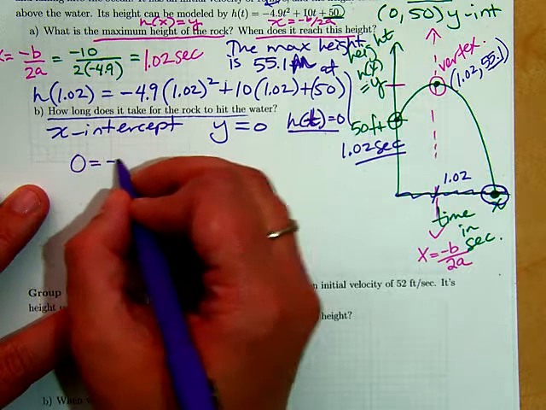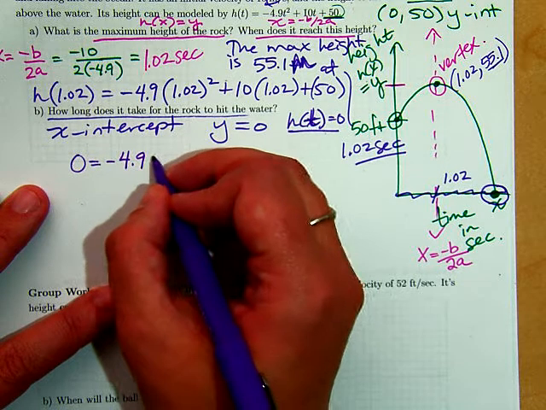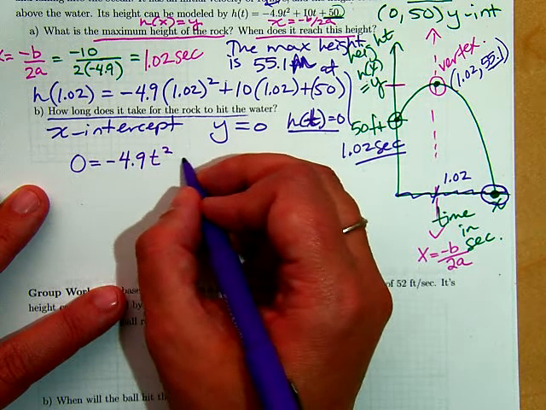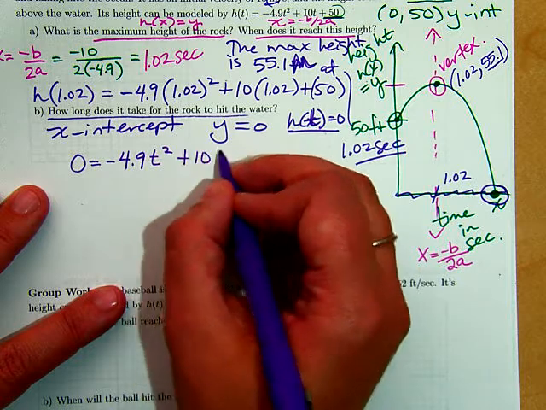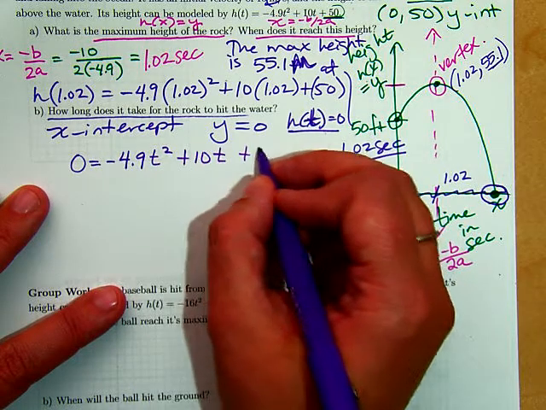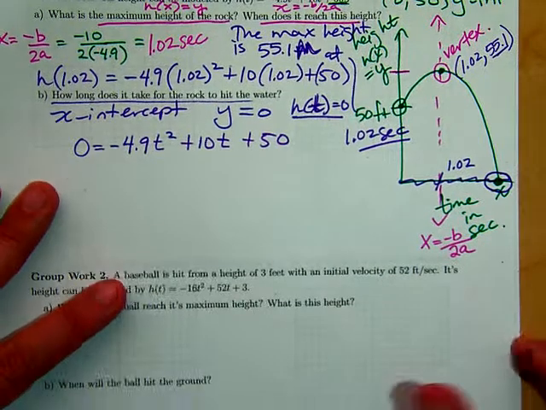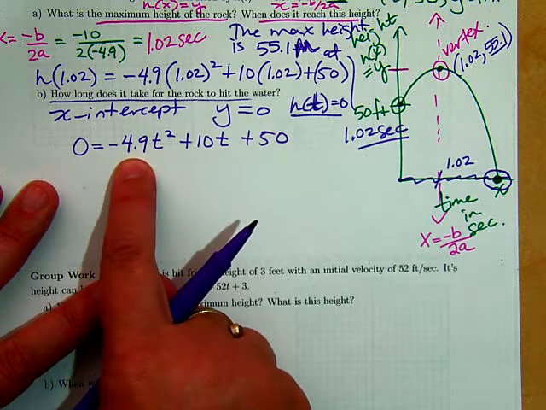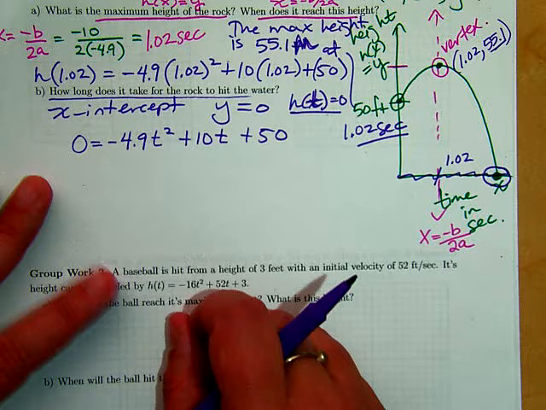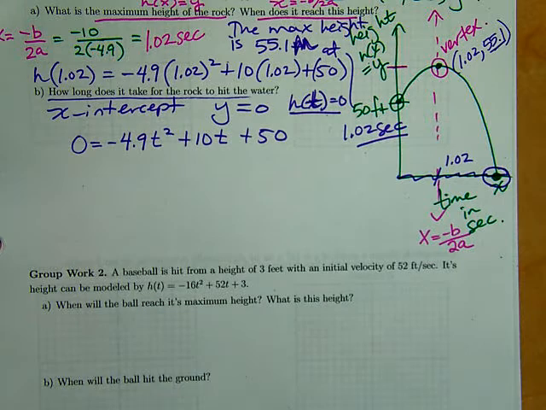0 equals negative 4.9 t squared plus 10t plus 50. And I wouldn't really want to factor with a negative 4.9, would you? No. So what would you probably want to use to solve for t? Quadratic formula.